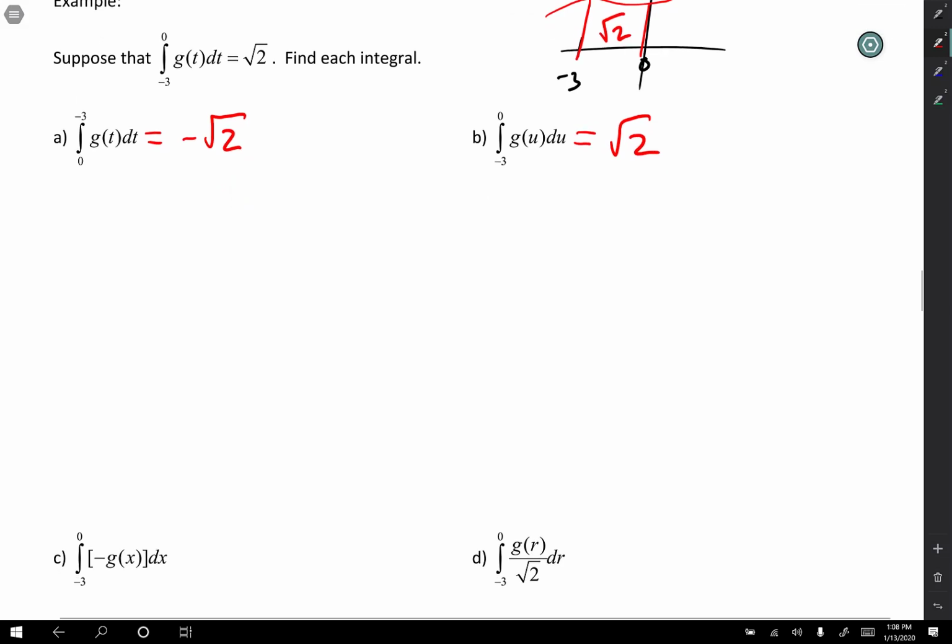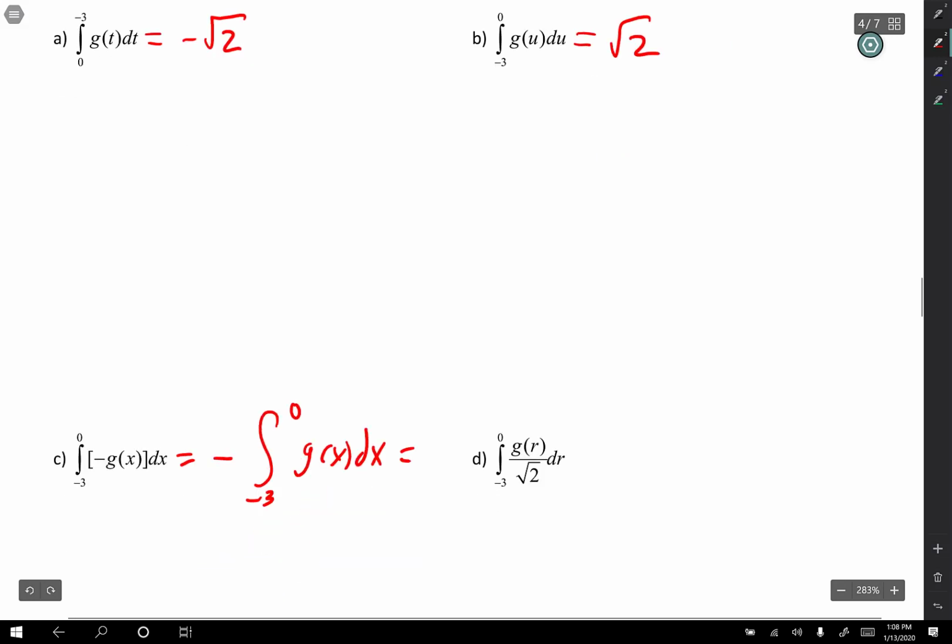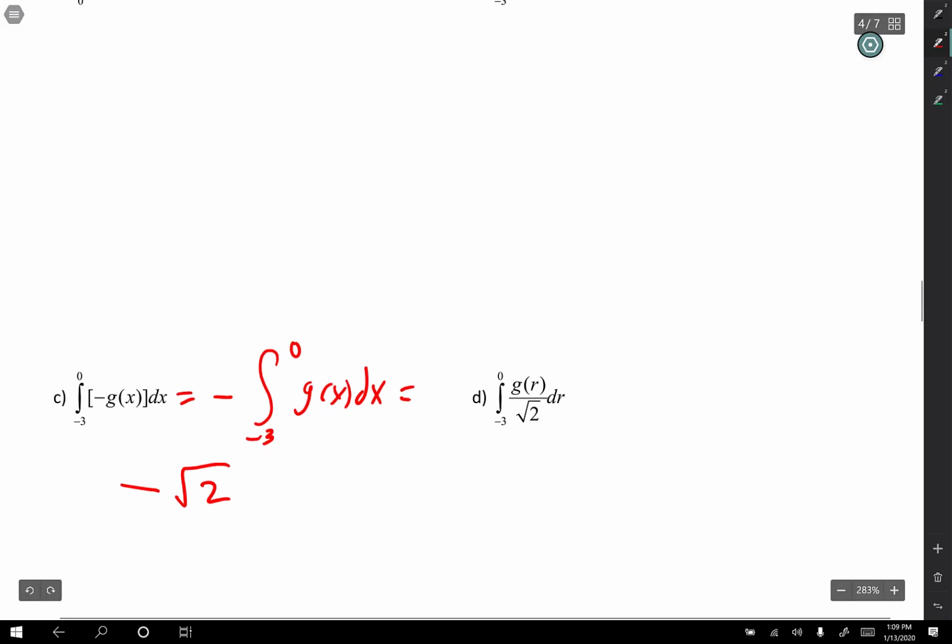Can I go to the next one? This time they put a negative inside the g of x. That's like a constant. If you want, you can put the negative on the outside like this and go negative 3 to 0 of g of x. So I'm going to get, perfect, negative square root of 2. Again, this square root of 2 is like a constant here.